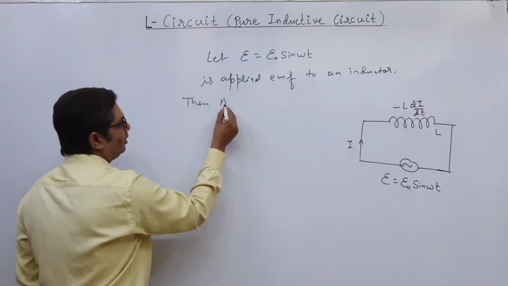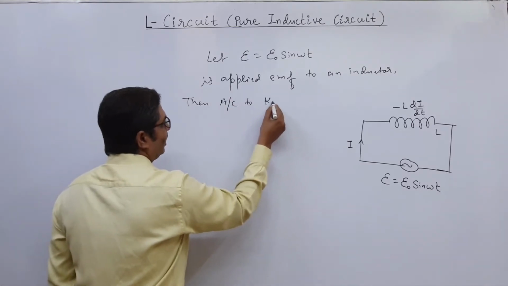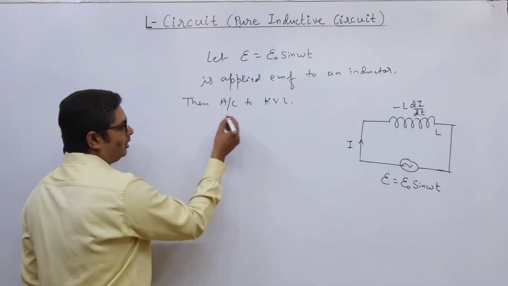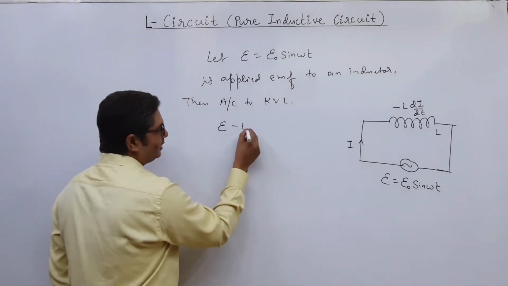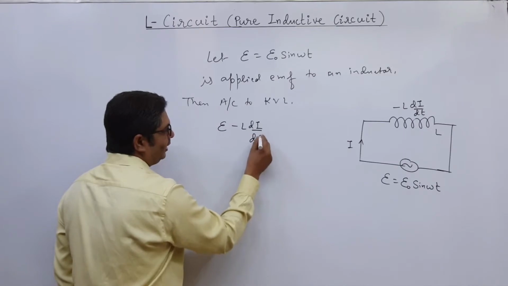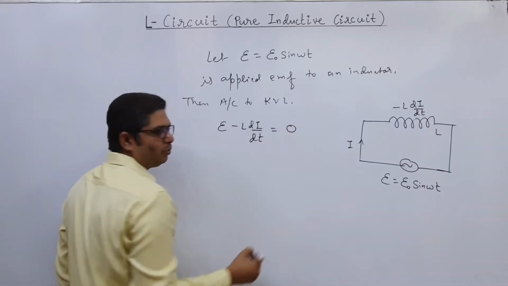Then according to KVL, E minus L di upon dt equals 0.